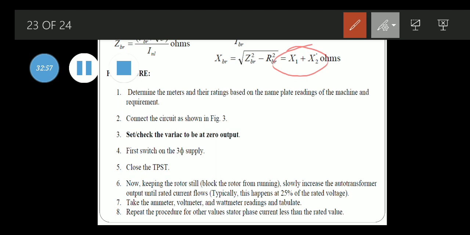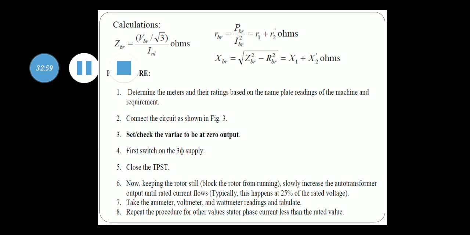Then how will the test be performed here? Initially block the rotor with some blocking arrangement. Once you block the rotor, the rotor will be in a steady, constant position. During that condition, switch on the supply and vary the variac until the rated current flows through the motor.